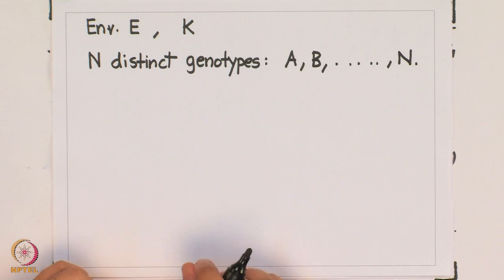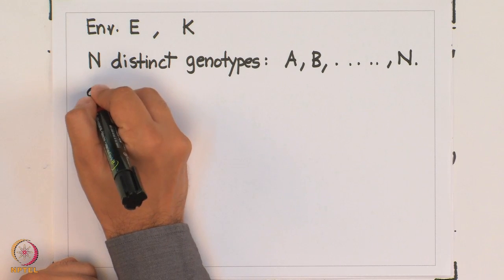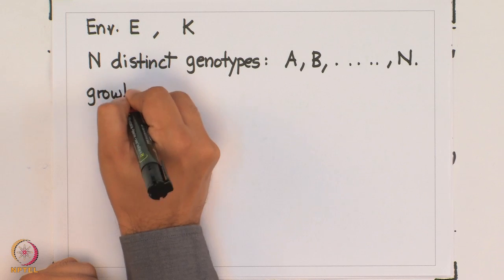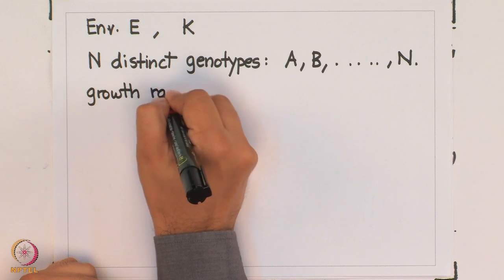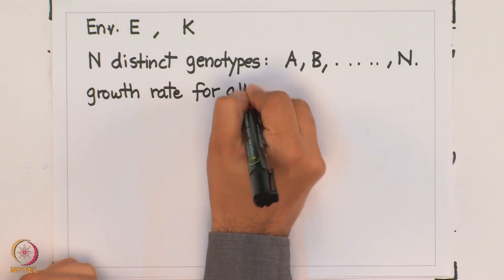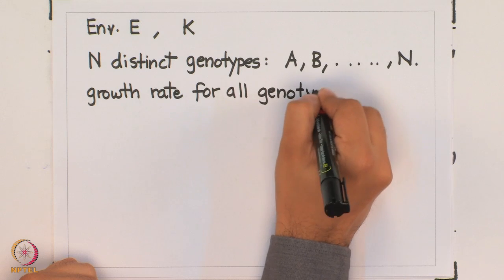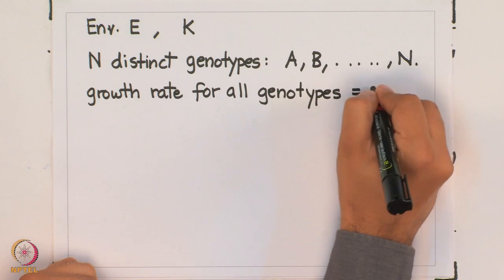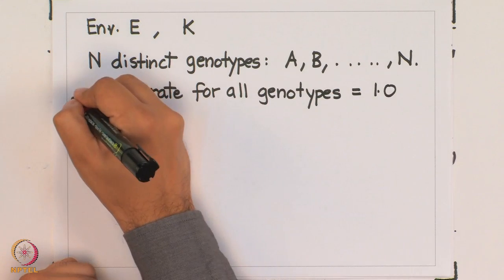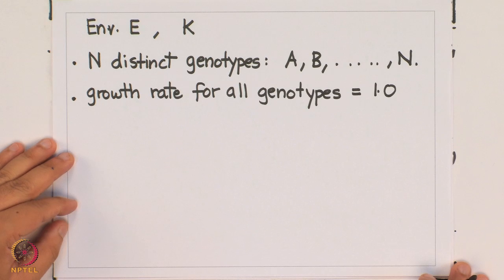Again, for the sake of simplicity and because we only want to talk about mutations and not selection at this point, the growth rate for all genotypes is equal to 1. Right? At this point we just want to lay the framework out which helps us develop the analysis further.